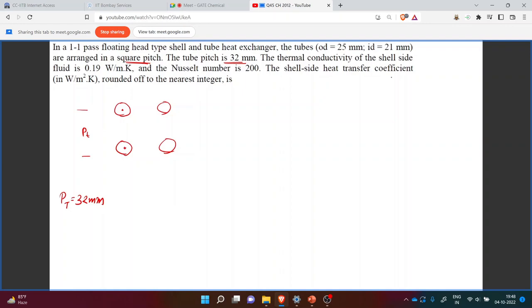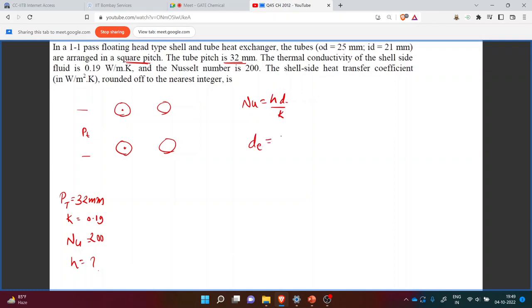Now, we have been given the thermal conductivity of the shell side fluid, that is K is equal to 0.19. Nusselt number we have been given as 200. And we have to find the shell side heat transfer coefficient. Now, the Nusselt number we define as hD upon K, where D we call the equivalent diameter.